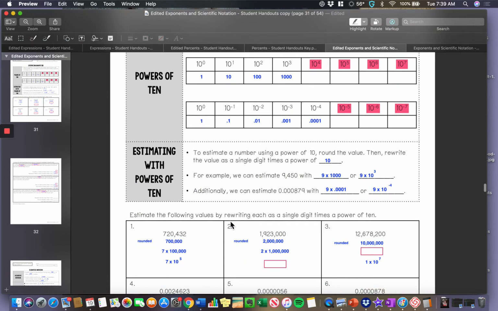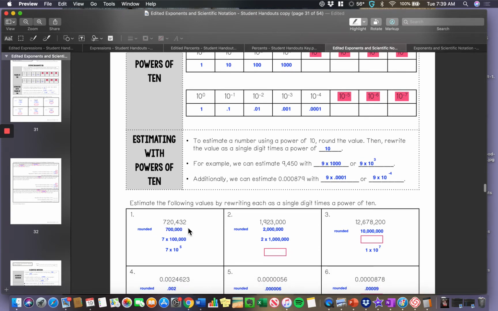So we're going to estimate the following values by rewriting as a single digit times a power of 10. So let's take a look at this first example. We had 720,432. Well, I've rounded it for you, and all of these I did round for you. So we want to use the number 700,000.